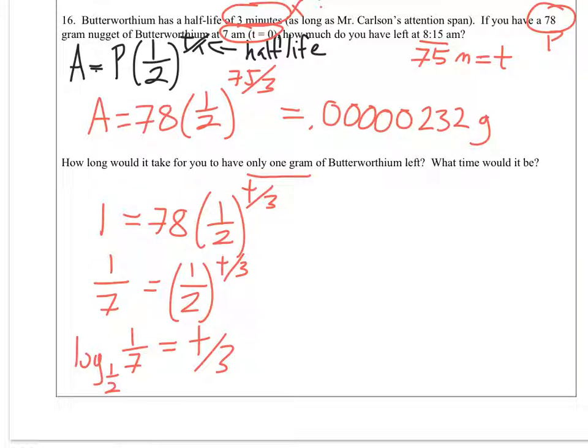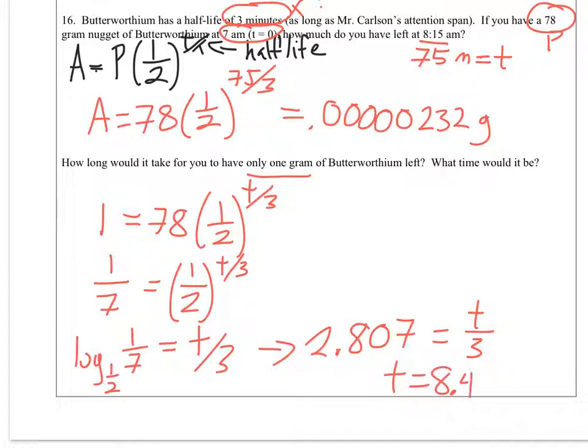And log base 1/2 of 1/7, we get 2.807, which is equal to t over 3. Multiply that by 3, and we get t is equal to 8.422 minutes.